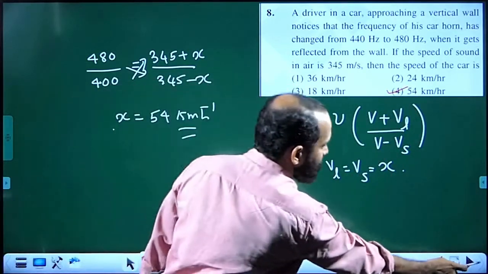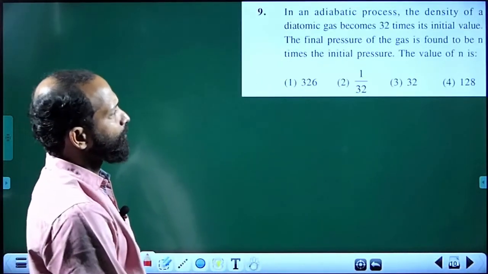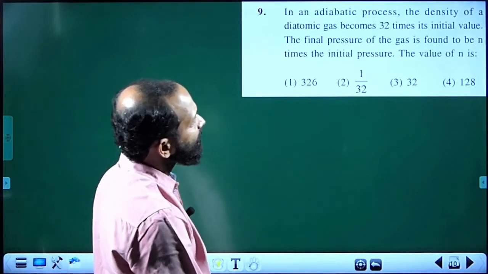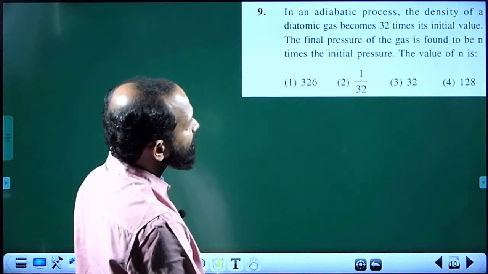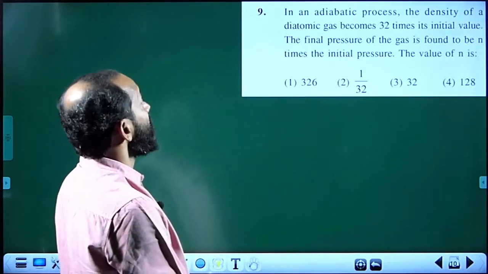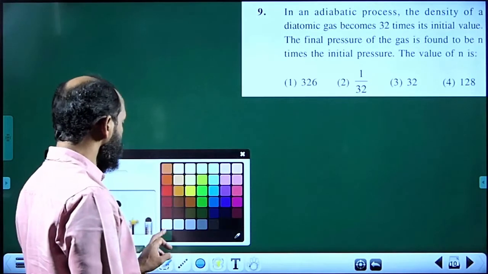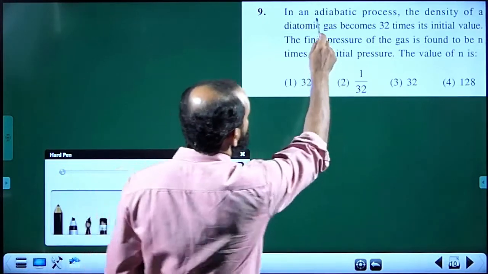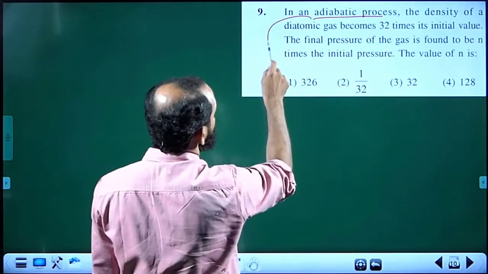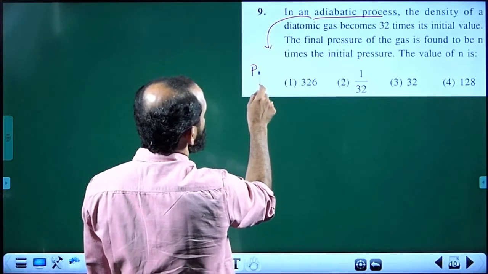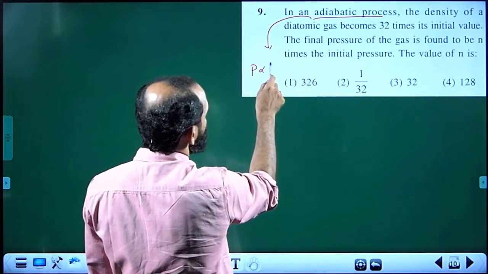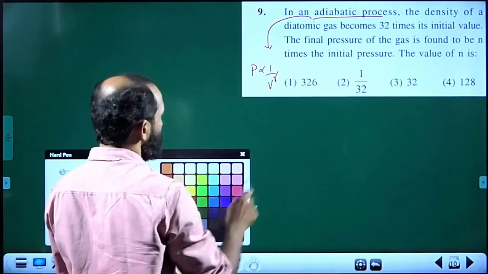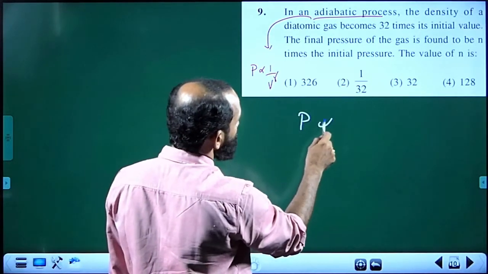Next one. In an adiabatic process, the density of a diatomic gas becomes 32 times the initial value. The final pressure is found to be n times the initial pressure. Then what is the value of n? For an adiabatic process, we know the equation of state is P proportional to 1 by V raised to gamma.